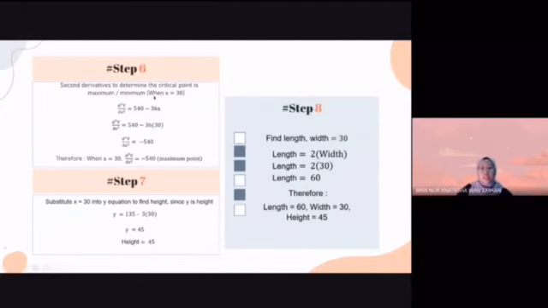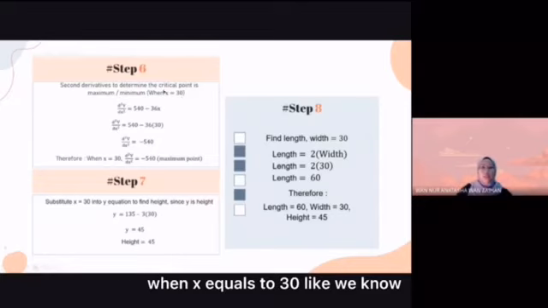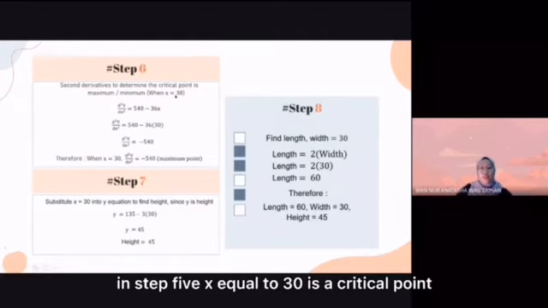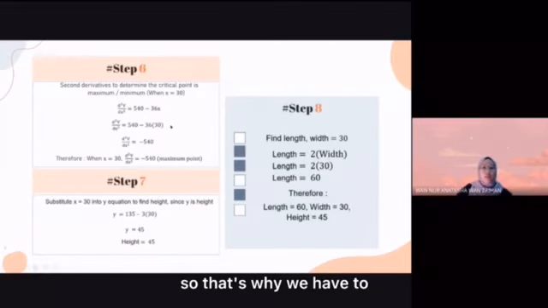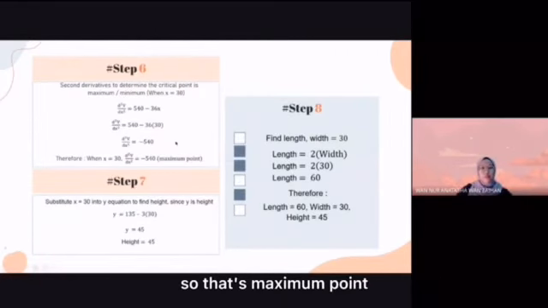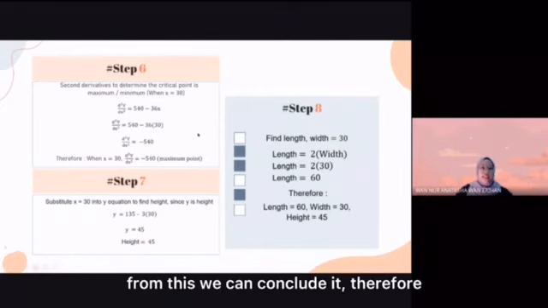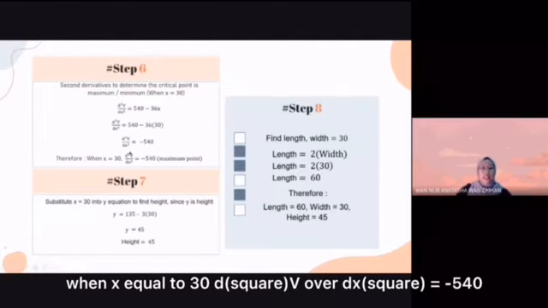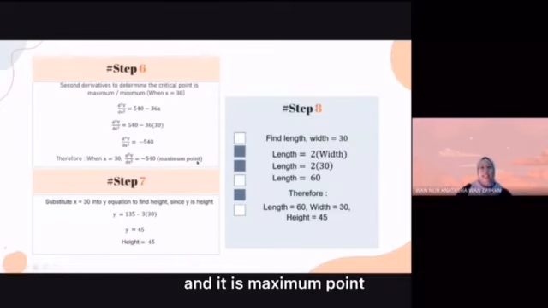We know from step 5 that x equal to 30 is a critical point, so we replace it here. We got negative 540. When we get positive, it is a minimum, but here we get negative, so that's a maximum point. Therefore, when x equals 30, d squared V over dx squared equals negative 540, and it is maximum.